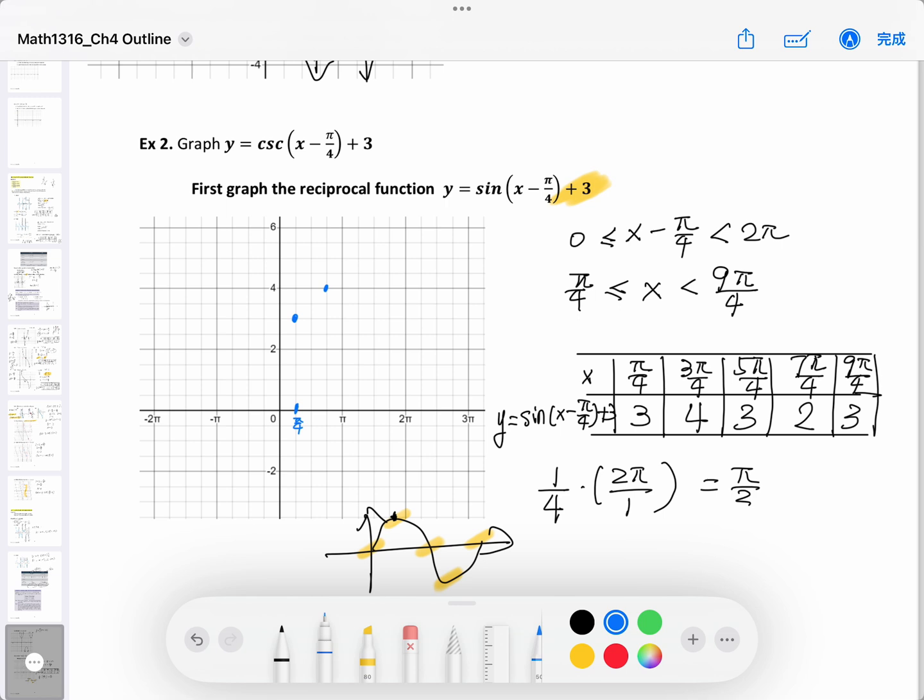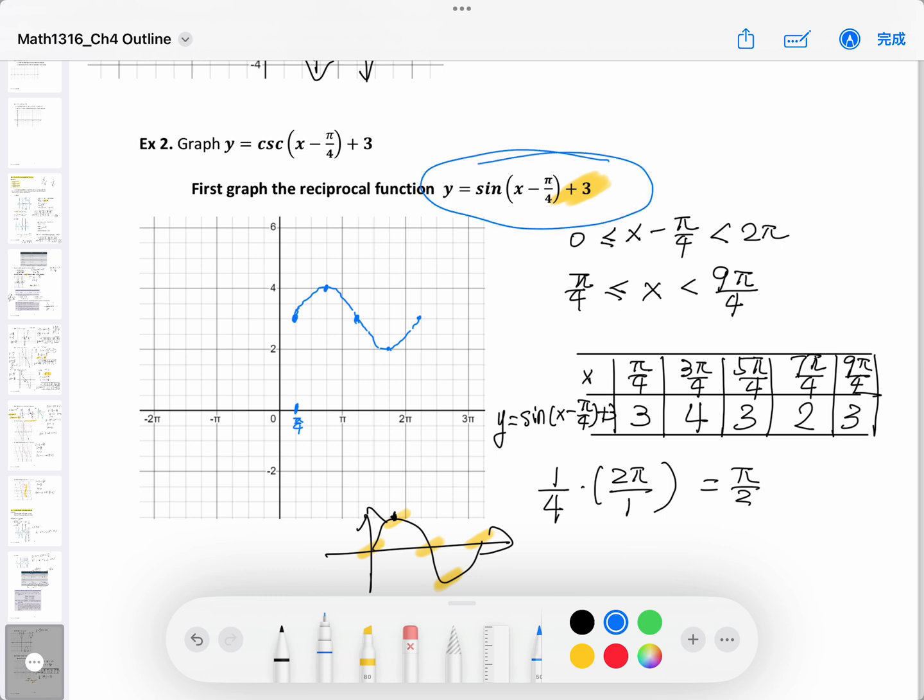And 5 pi over 4, comma 3. 7 pi over 4, comma 2. And 9 pi over 4, comma 3. We can use a dashed curve, but I didn't. It's okay. So this is one full cycle of y is equal to sine of x minus pi over 4, then plus 3.